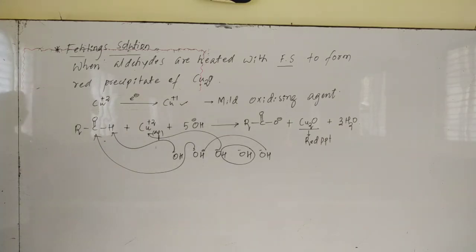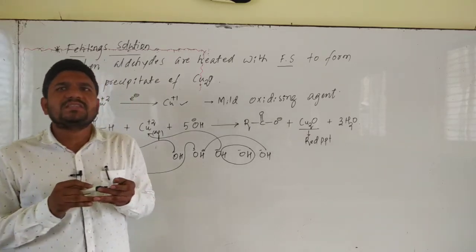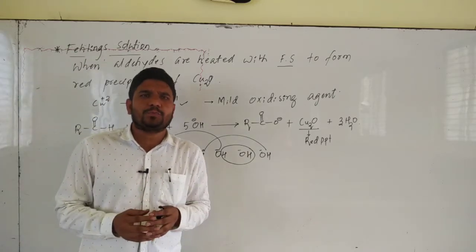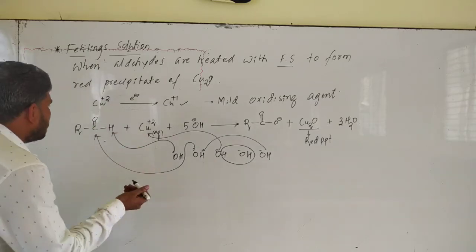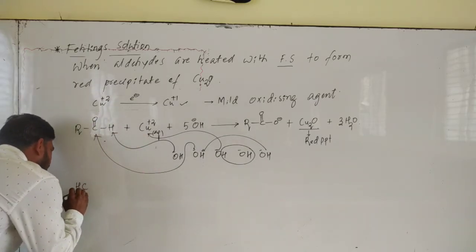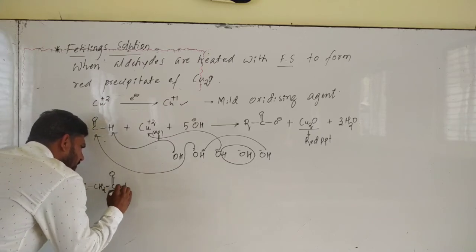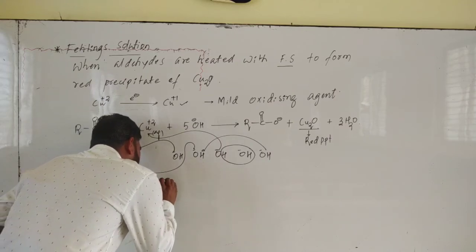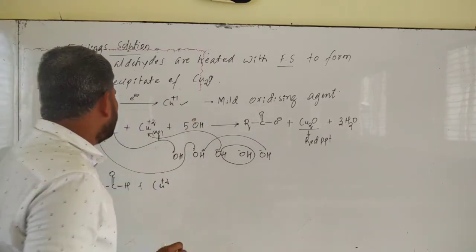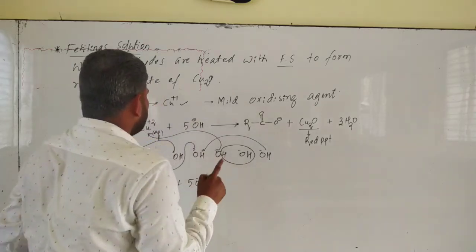Okay. This is regarding Fehling solution. Fehling solution is used to test the presence of the aldehydic group. If you want, I will write one example. If you take propanal and heat it with Fehling solution, I think it's not balanced.